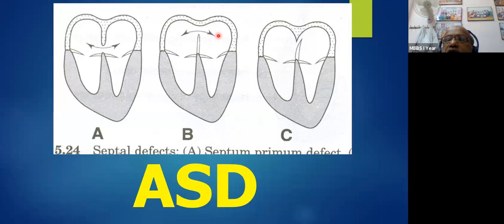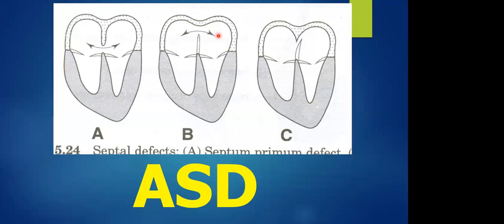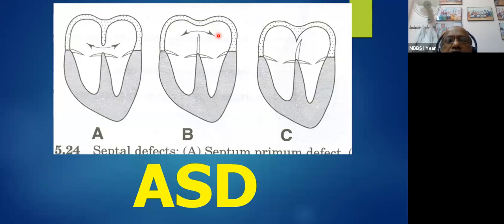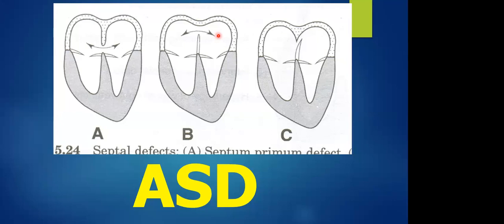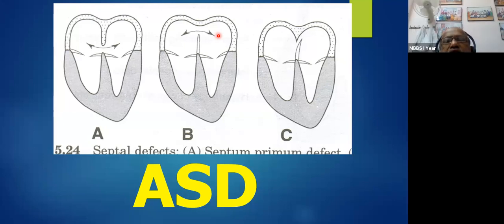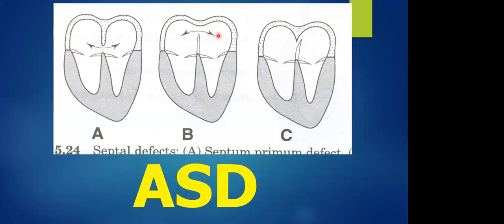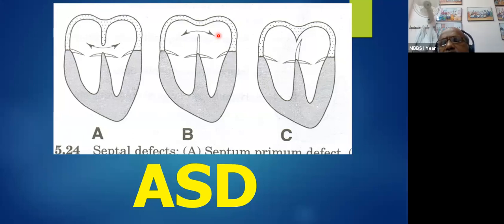Yes, Srinivas, you explain this. What is the embryological basis of A, B, and C? Sir, the septum primum, sir. Only I corrected that. Once again, you should not make the same mistake. Somebody said septum primum type, then I corrected it.